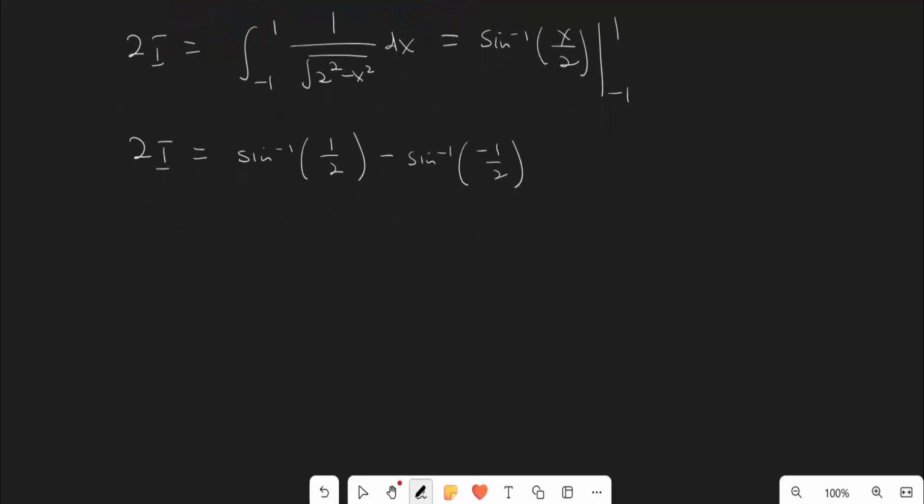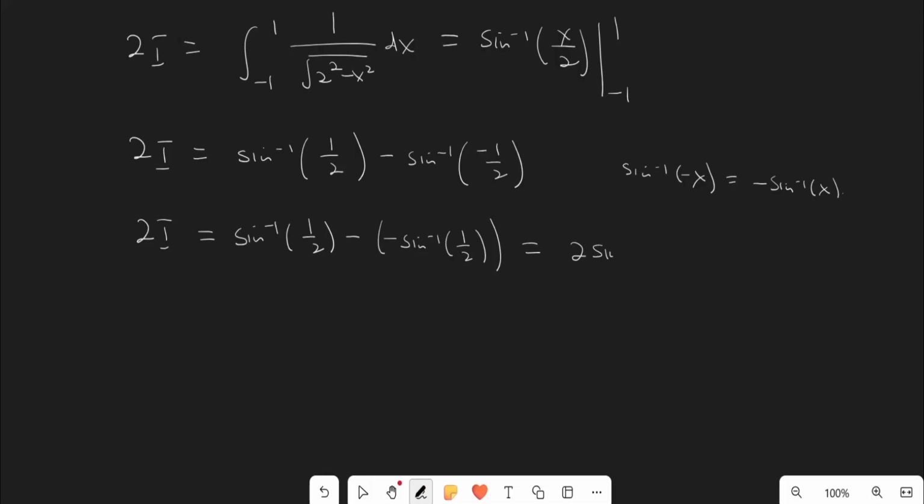Sine inverse is an odd function. So the sine inverse of a negative number like this is going to be the negative of the sine inverse of the positive number. So this is the sine inverse of half minus negative sine inverse of half, and that is going to be 2 times the sine inverse of half.